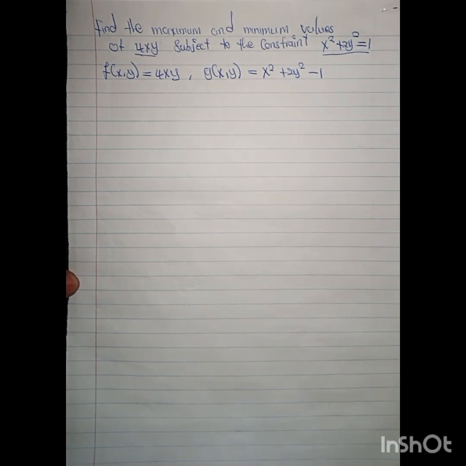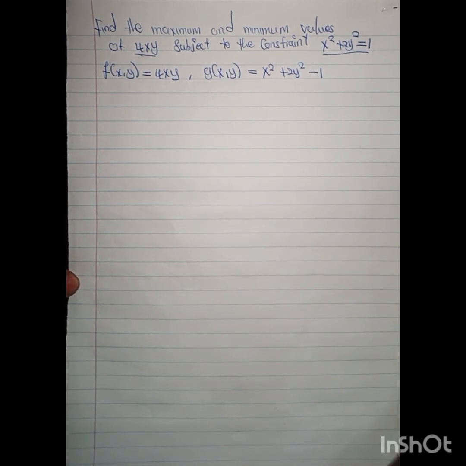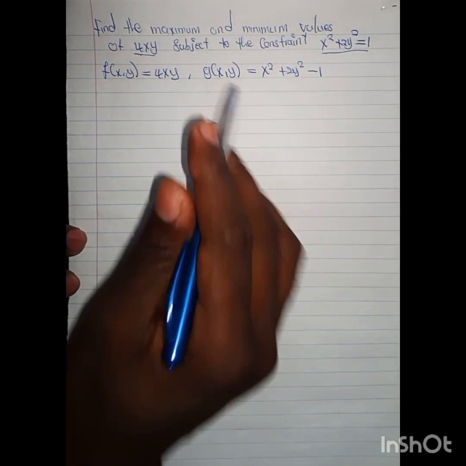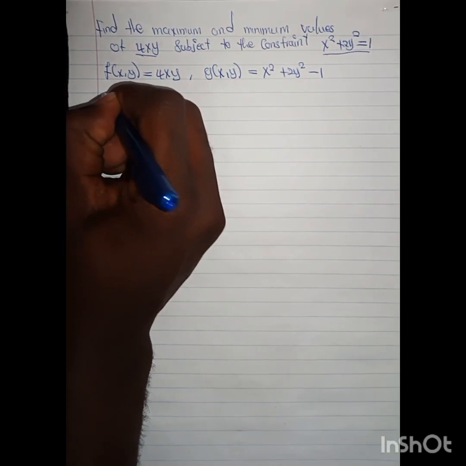Then when we want to deal with Lagrange multipliers, it means we have to form a system of equations with one more variable than we have. For now we have 2 variables, so the system of equations which we are going to form must have 3 variables.